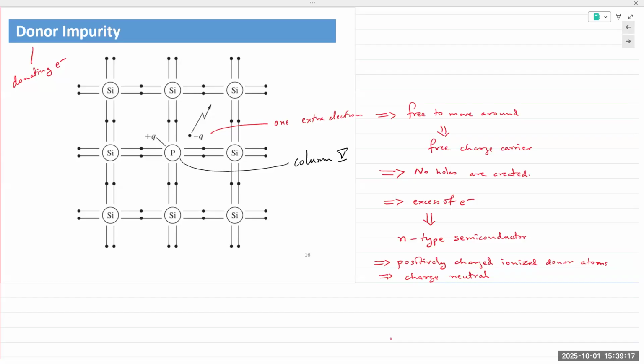So the N in the N-type stands for negative.